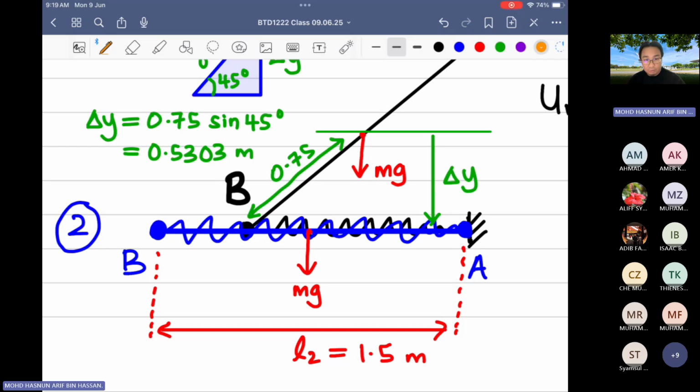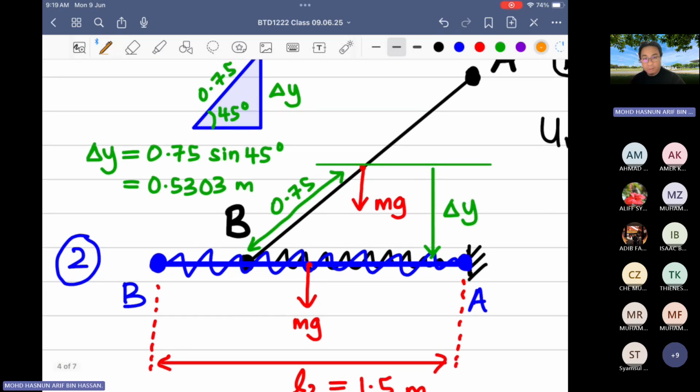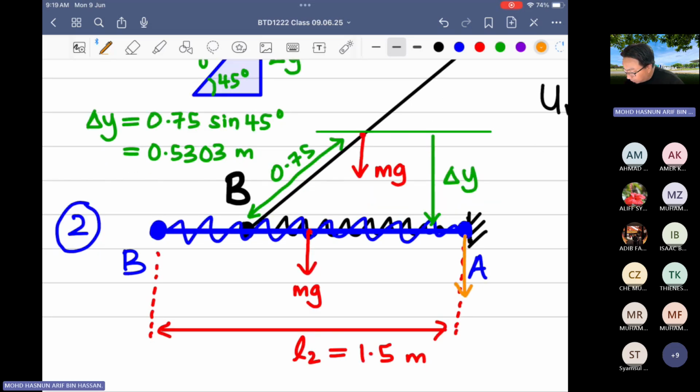VA is pointing in which direction? VA goes from the top, it moves down, so which direction does it point? Downwards, right? So VA is pointing down this direction. This is VA. Right. What about VB? VB is pointing in which direction? Point B is moving to the left. So VB is then pointing to the left. This is VB. Okay, so VA pointing down, VB pointing to the left.